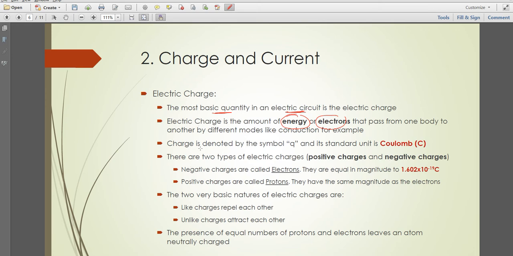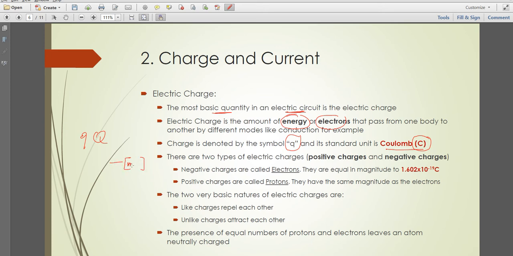Now, the symbol of electric charge is Q, which can be a lowercase q or a capital Q. Its unit is the coulomb, C. Please, when you do your exercises, I grade hard on this: if you give any number or quantity, you have to mention the unit.